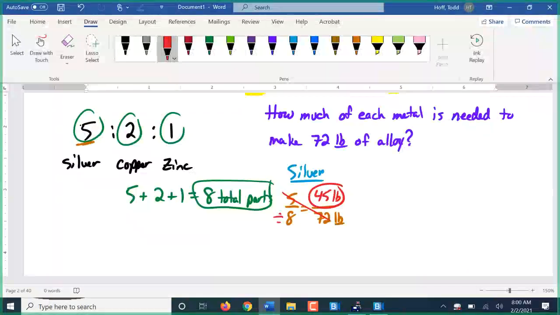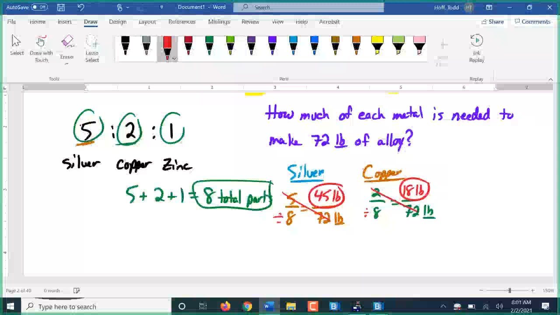We can do the copper. Copper is 2 out of the 8 parts. Find out how much that is out of 72 pounds. Cross, multiply, and divide. That's 18 pounds of copper.